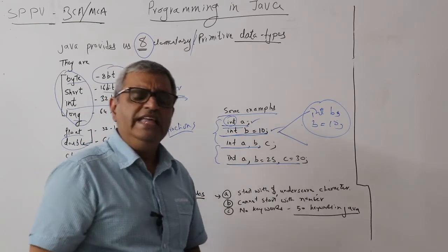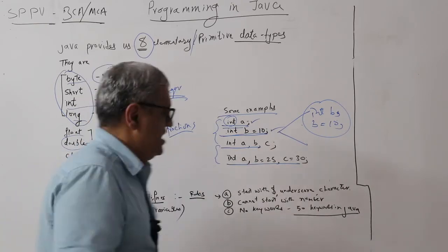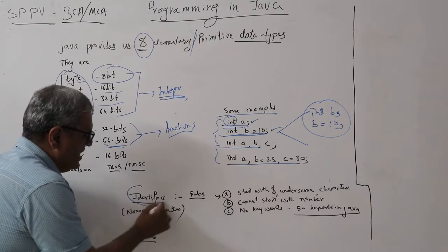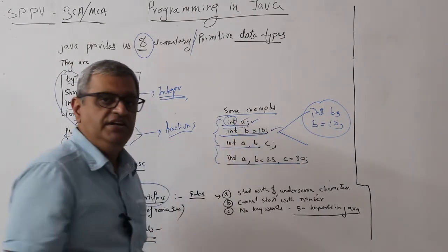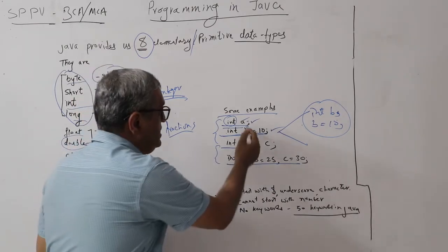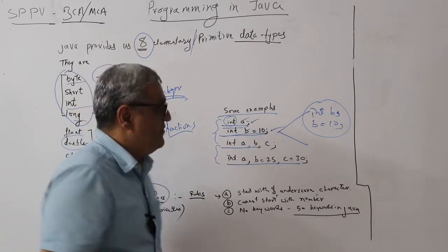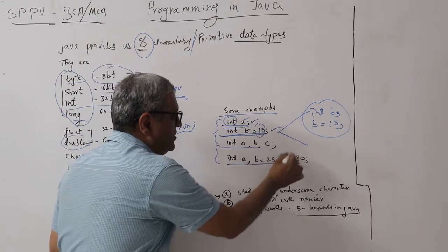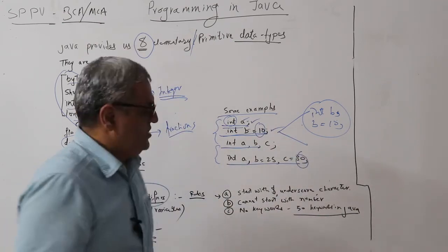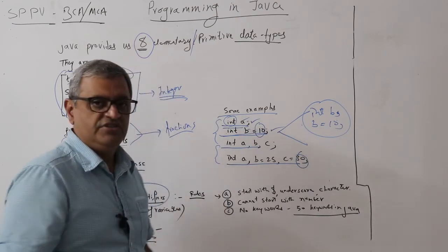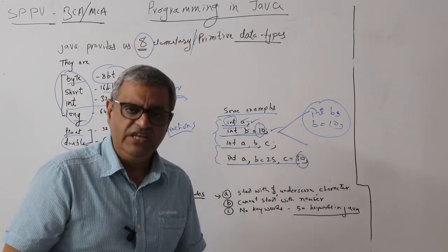Now the names of the variables are typically called identifiers. So here a is an identifier because it's the name of a variable, b is an identifier. Whereas the value of the variable is typically called a literal. There are certain rules for naming a variable.